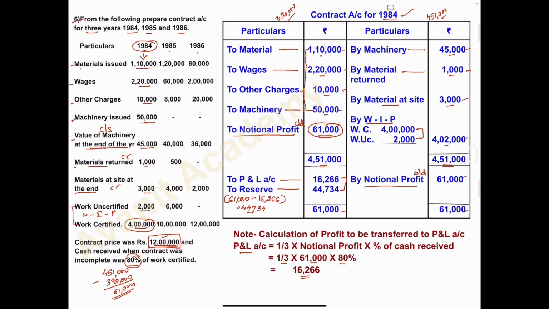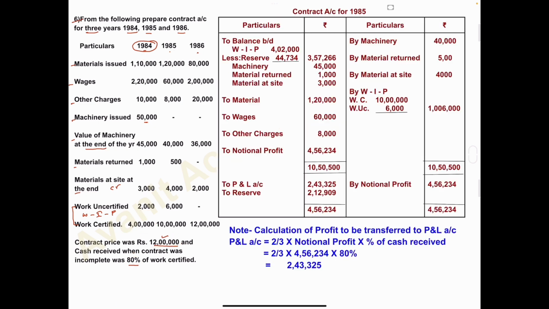Next we'll prepare the contract account for the year 1985. Whatever closing balance is there here, we will take as the opening balance in the next year: closing balance, machinery, material returned, material at site, work in progress. All these balances we will take to the next year as the opening balance of 1985.